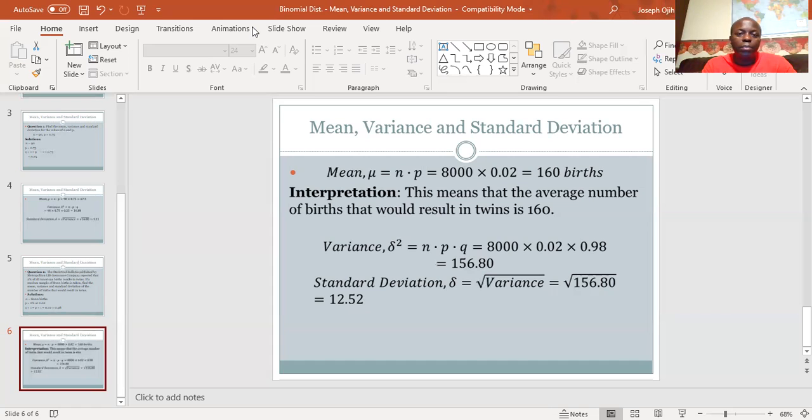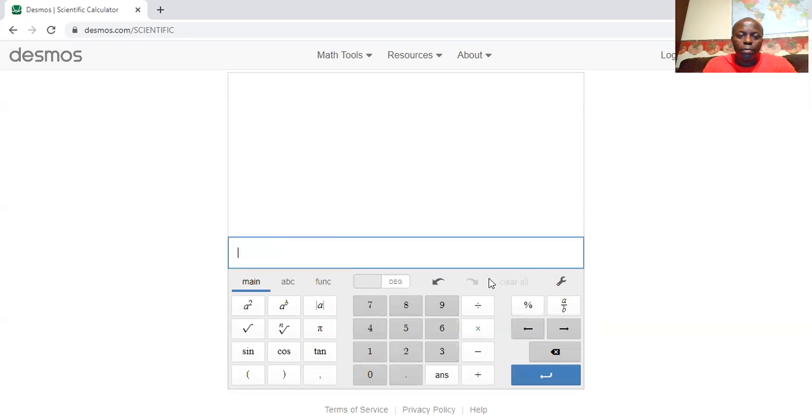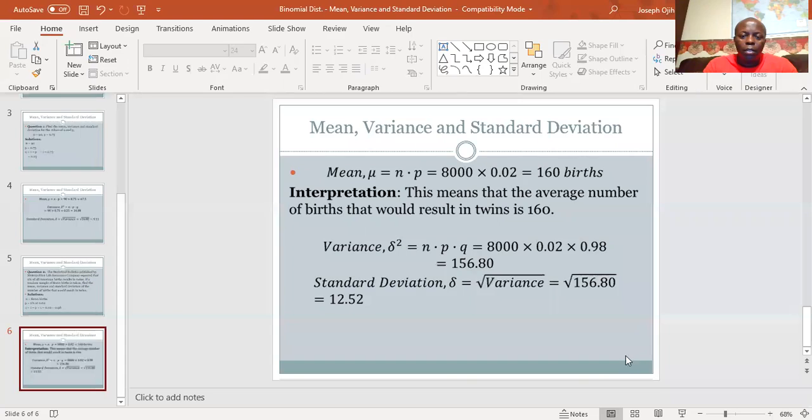That gives me 12.52 approximately, which is what I have in the PowerPoint. Now, this is how we get the mean, variance, and standard deviation for a binomial probability distribution.